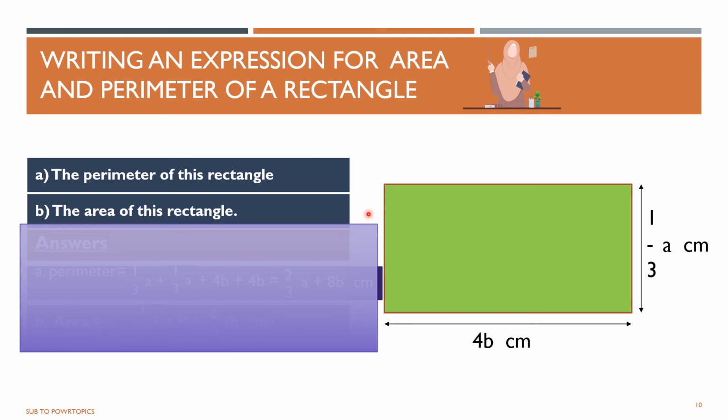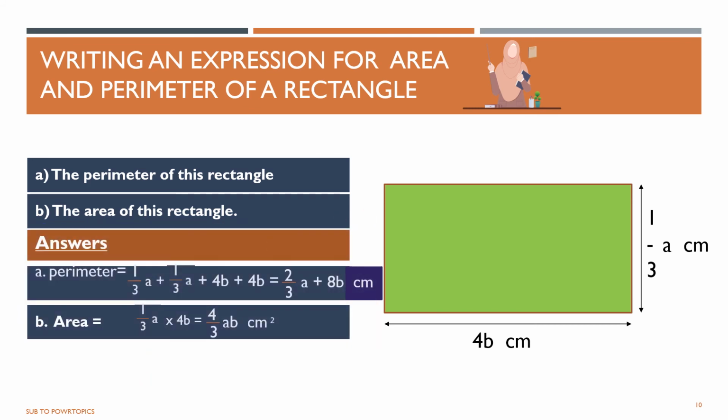Let's reveal our answers. For perimeter, like I said, we need to add all the sides. So 1/3a plus 1/3a plus 4b plus 4b. Let's add the width first. 1/3a plus 1/3a. We add the numerators. 1 plus 1 is equal to 2.